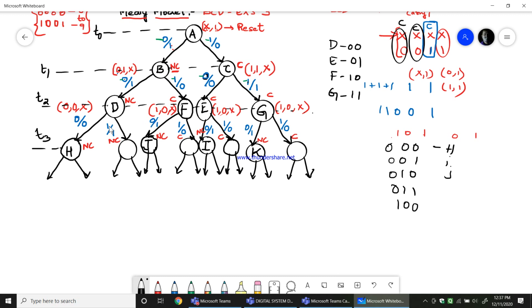So 1, 0, 0, which is L. Next is M. M is 1, 0, 1. Where is 1, 0, 1? 1, 1, 0. No, 1, 0, 1. See, this is 1. Go back to pre-state 0. Go back to pre-state 1. So therefore, this is M.